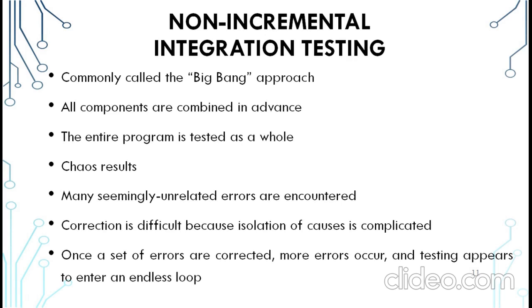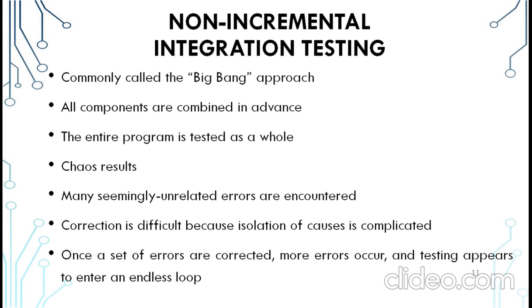The entire program is tested as a whole and chaos results. Many seemingly unrelated errors are encountered during non-incremental integration testing, and correction is difficult because isolation of causes is complicated.